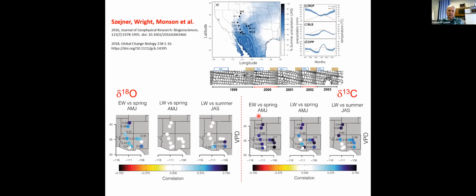And so for that early wood, we're seeing most of the sites a strong relationship of the carbon isotopes with vapor pressure deficit. For the late wood with summer VPD, likewise, most of the sites have a strong relationship with VPD. And late wood actually turns out has a strong relationship with April, May, June VPD as well.